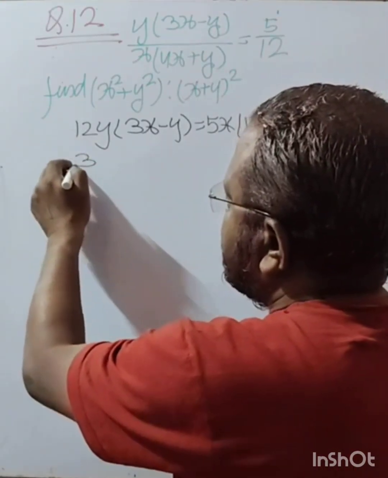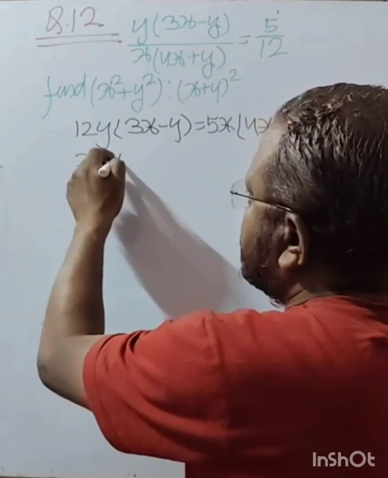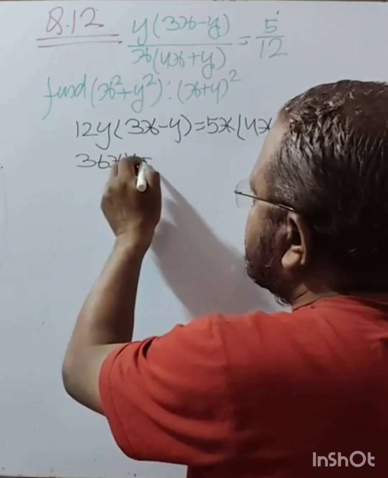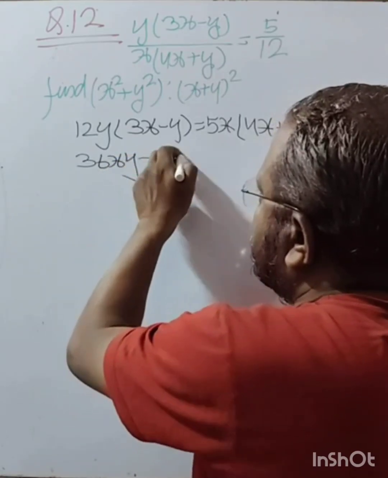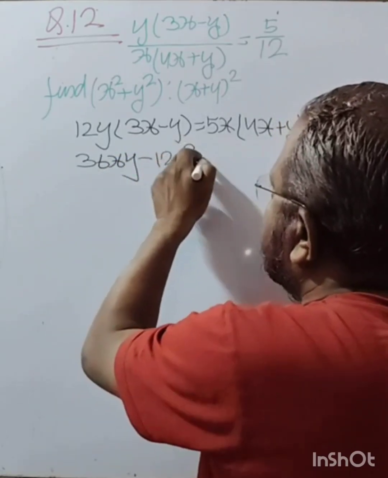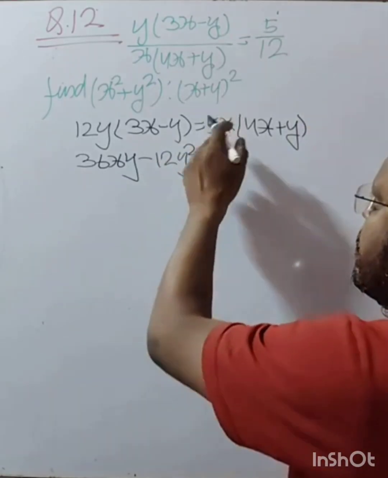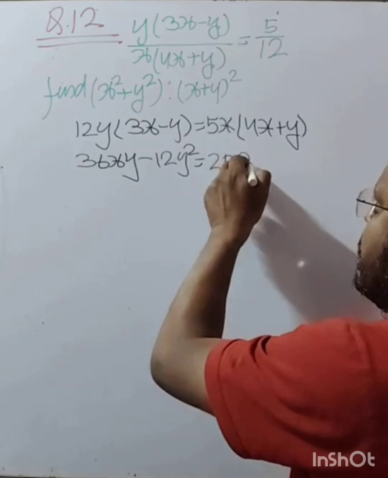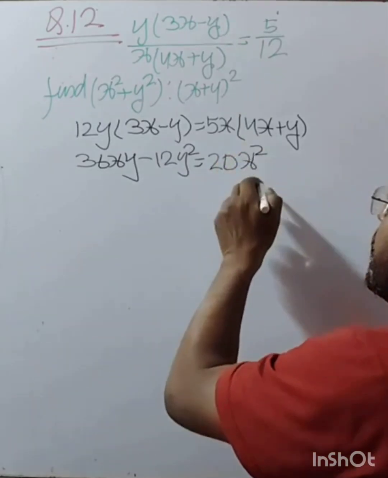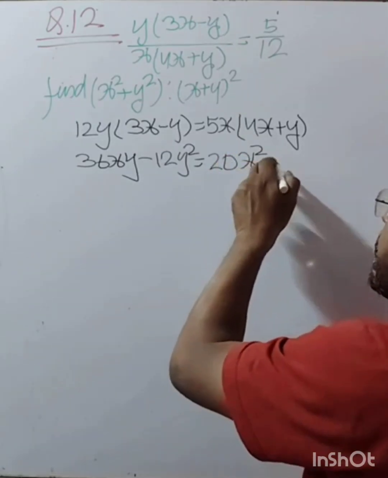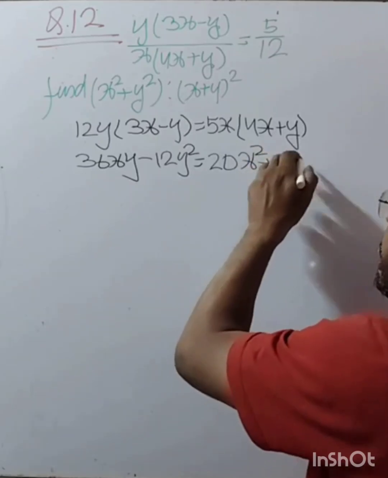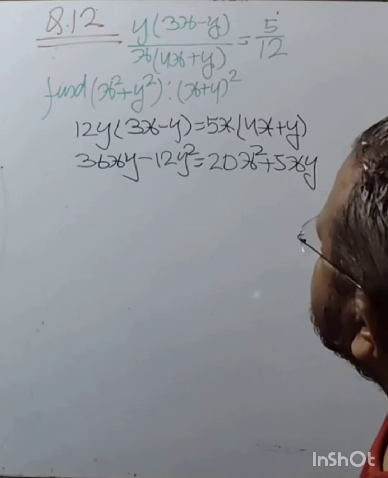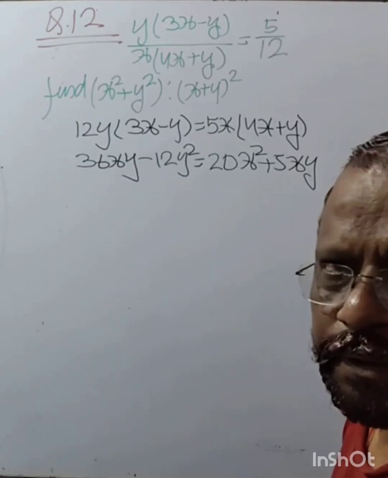So this is 36xy minus 12y square is equal to 20x square plus 5xy. Is this? Yes.